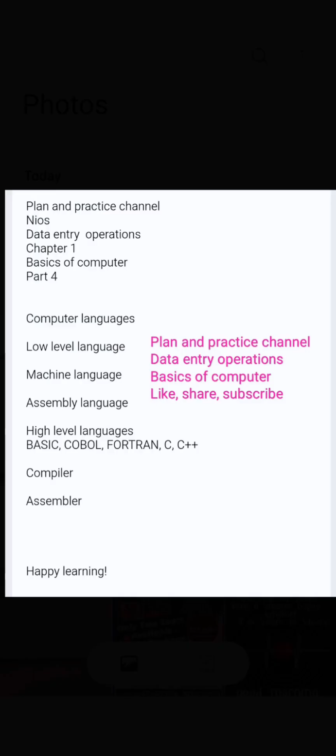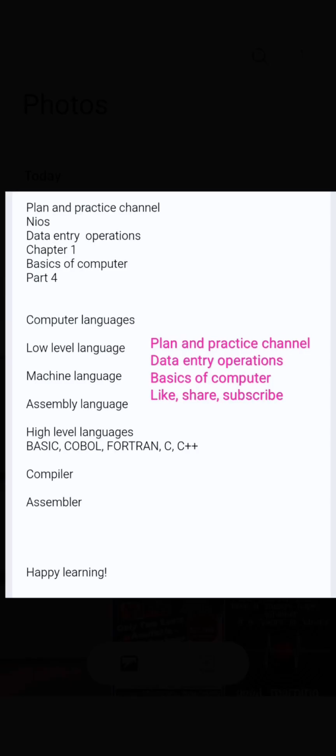Next we have COBOL. COBOL is Common Business Oriented Language, a standard language used for commercial applications. Next we have Fortran, formula translation. This high level language was developed for solving mathematical and scientific problems, one of the most popular languages among the scientific community.